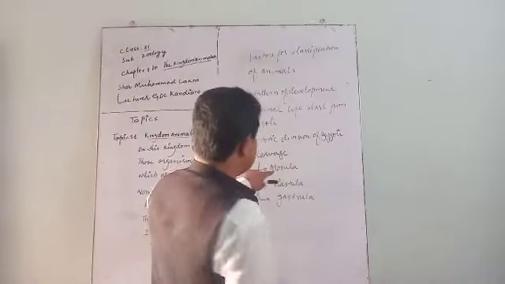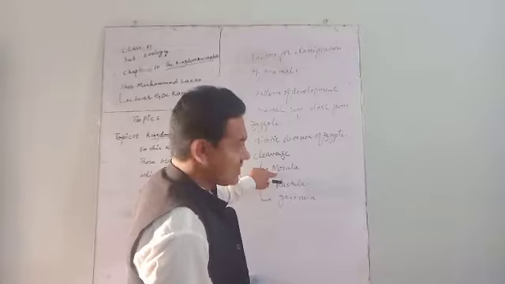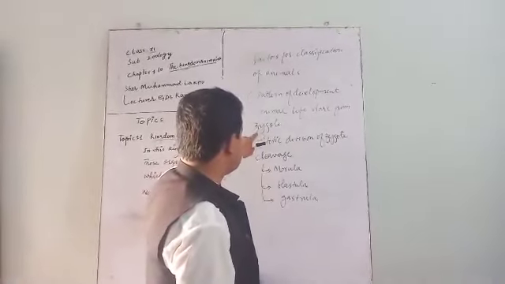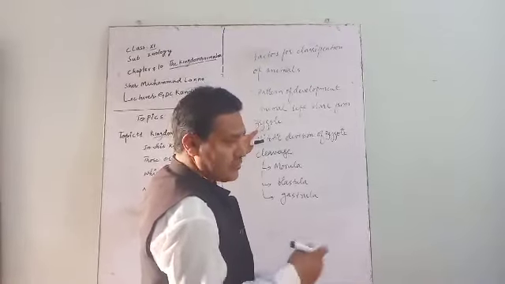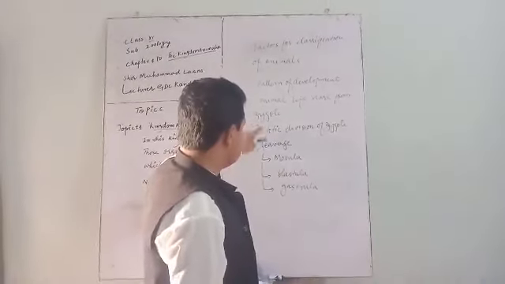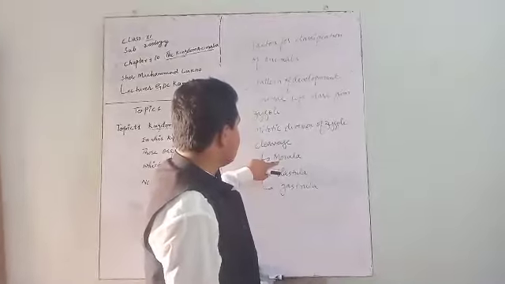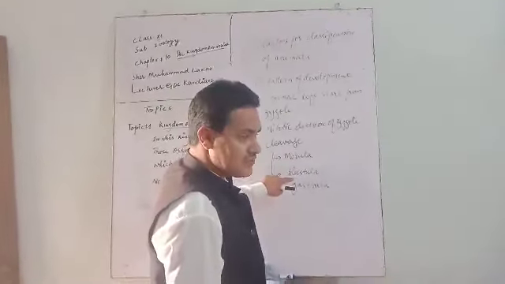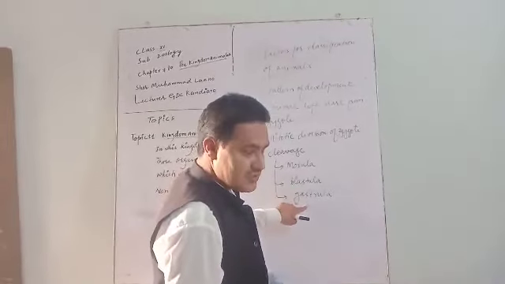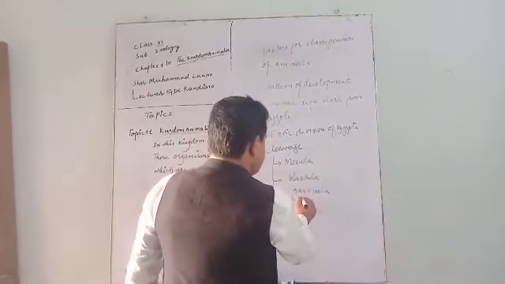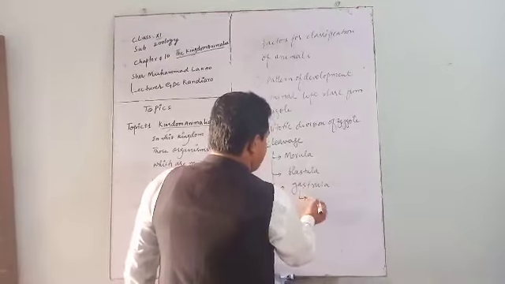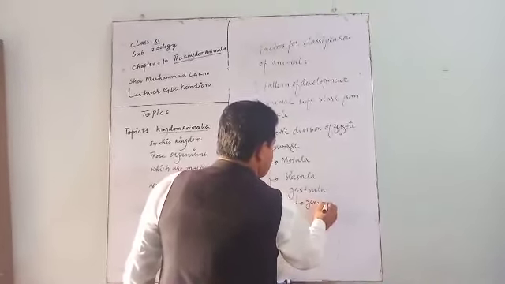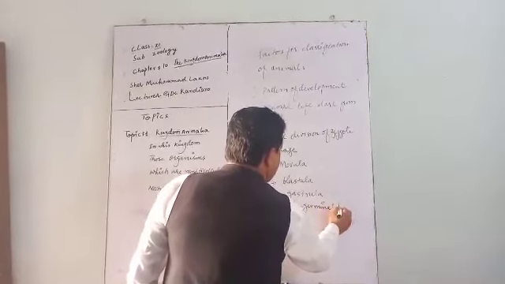Morula is a solid ball-like structure formed from the zygote. When the zygote divides repeatedly, then the morula is formed. From the morula, it changes into the blastula, from the blastula to the gastrula, and from the gastrula three germ layers are formed.